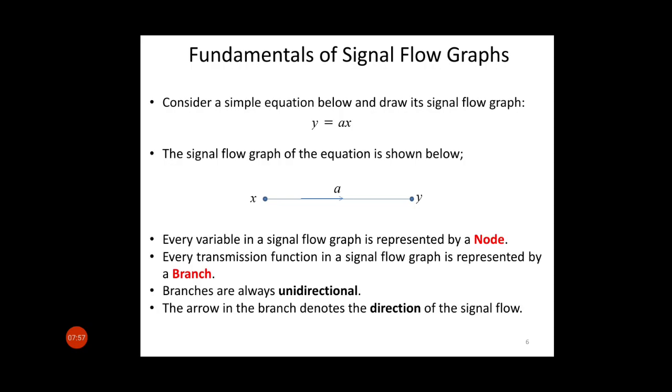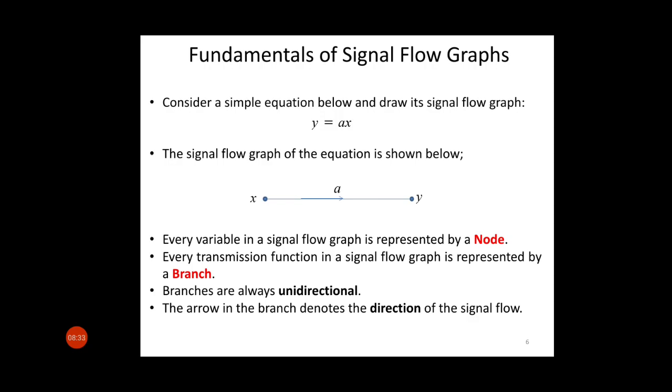From this signal flow graph we have said every variable in a signal flow graph is represented by a node. Here two variables, one is x and one is y. This is the input variable, this is the output variable. Every transmission function in a signal flow graph is represented by a branch.